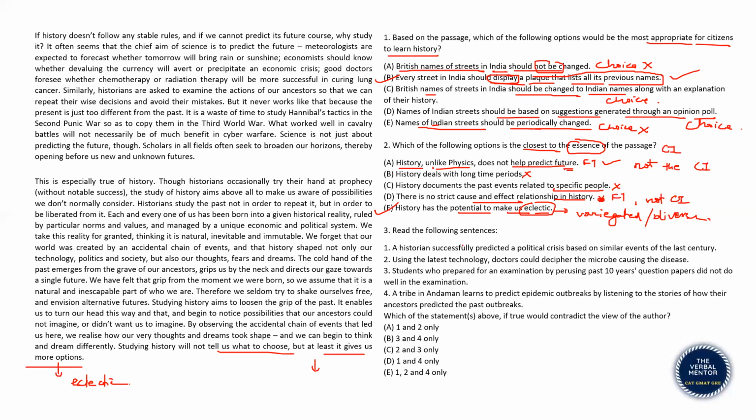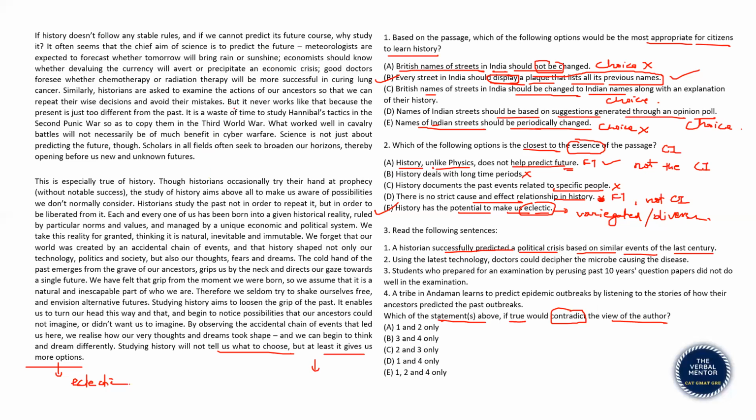A historian successfully, what is the question? Which of the following statements, if true, would contradict the view of the author? We have to contradict the view. A historian successfully predicted a political crisis based on similar events of the last century. Author says that history can't predict.